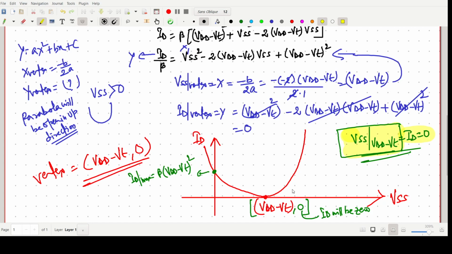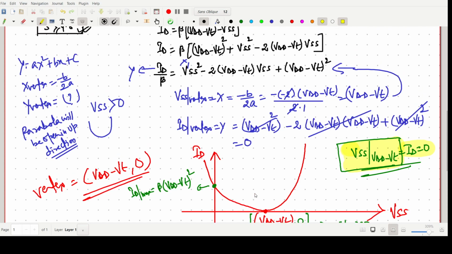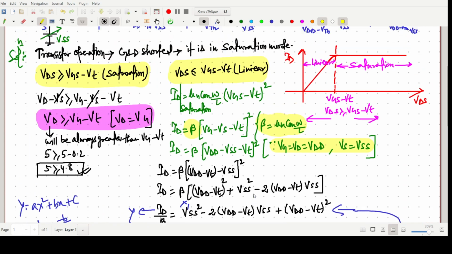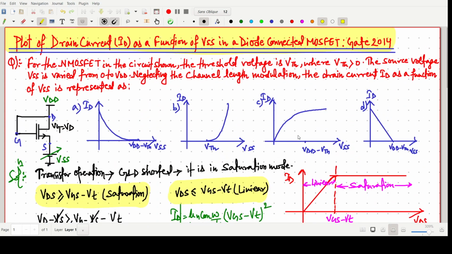So this one is the parabola. Now we have to think about the options. This will be the correct answer, because ID goes down with VSS up to VDD minus VTH.